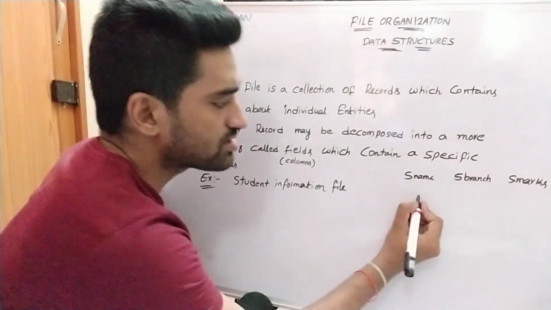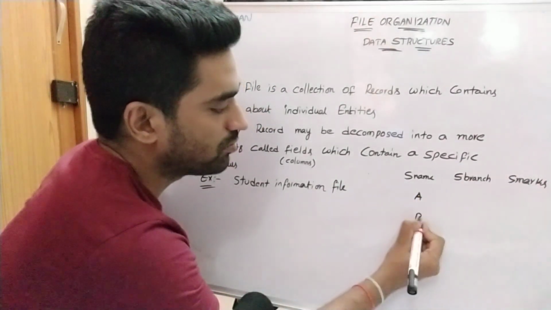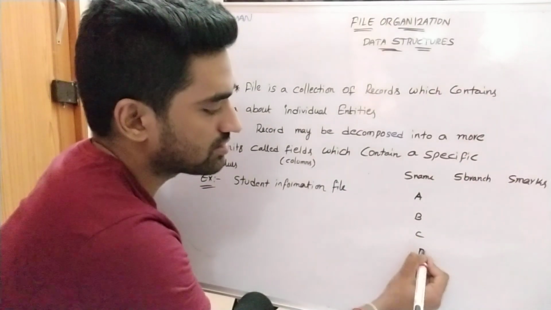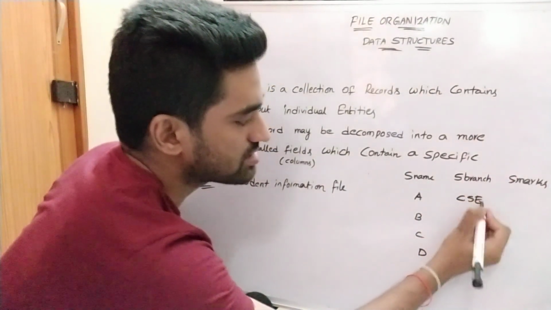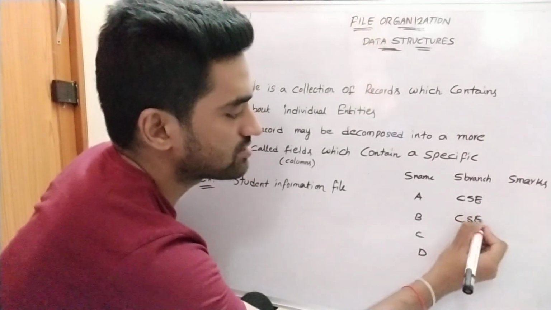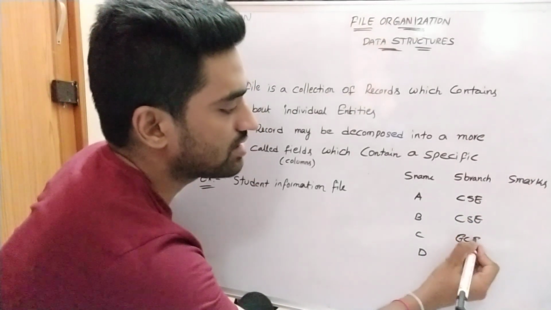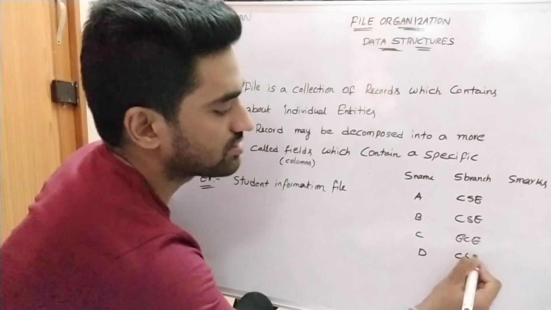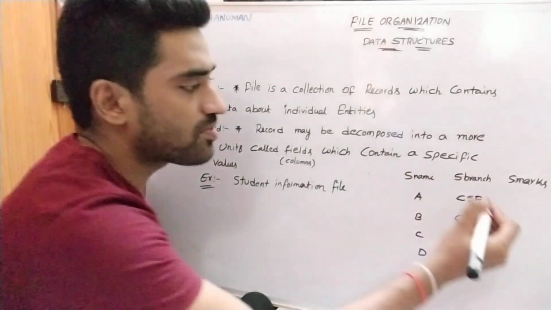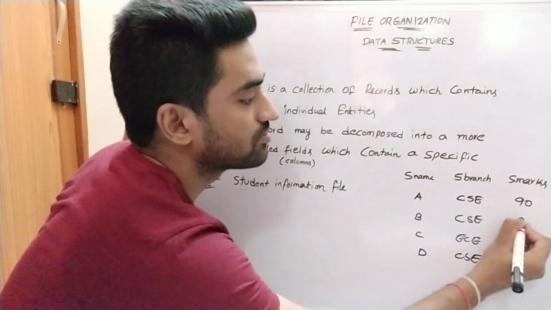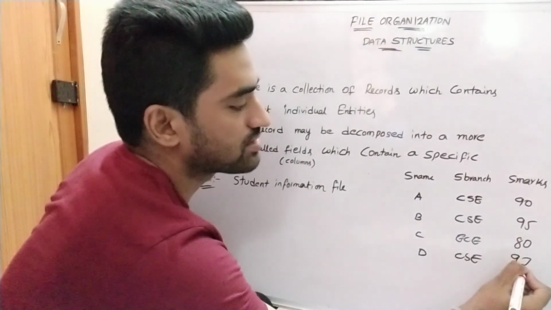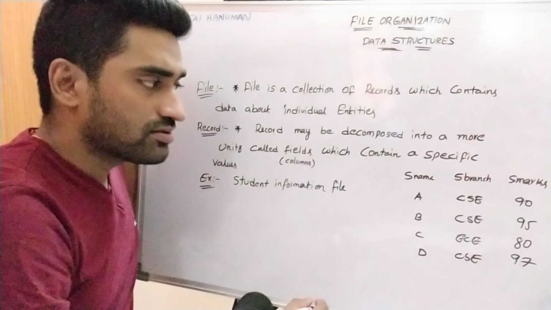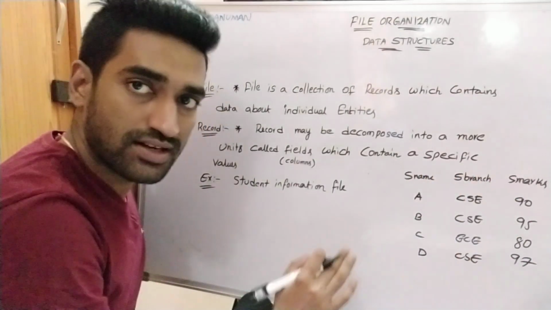For suppose the names are A, B, C, D, the branches are CSC, ECE, CSC, and the marks are 90, 95, 80, 97. This can be considered as one student file.